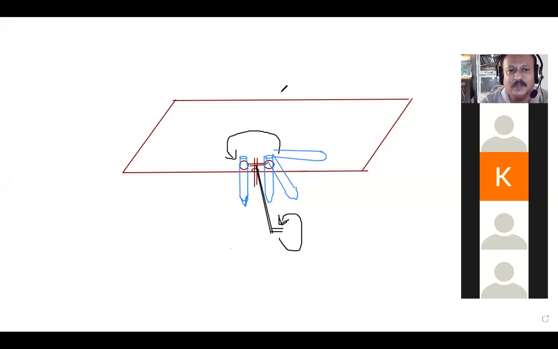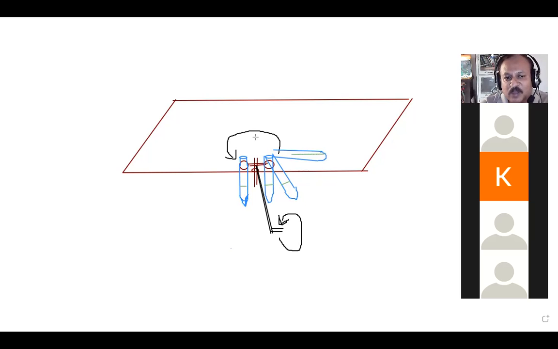If this was the level of your sample initially, now this sample is becoming parallel. The level of the liquid is now parallel to the ground.